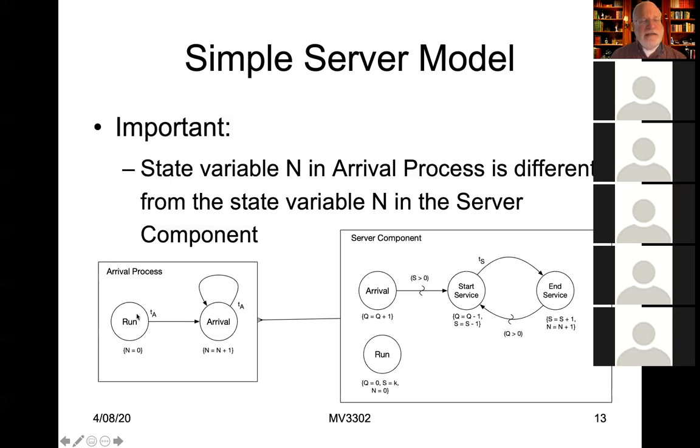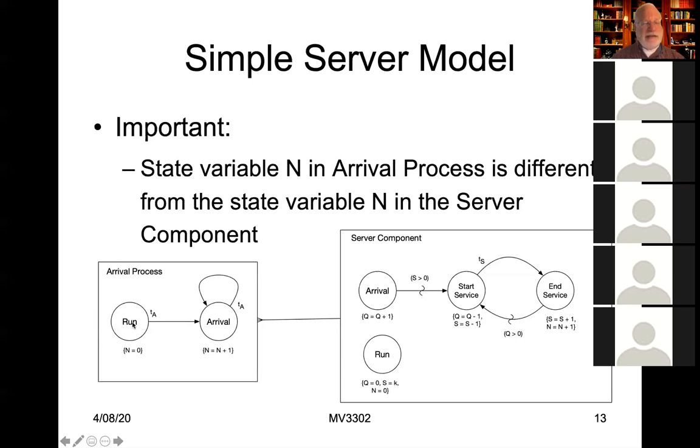So when this starts, there are going to be 2 run events on the event list, one for the arrival process and one for the server component. Now, which one happens first? Again, it doesn't matter. If the server component one happens first, all that does is initialize its state variables, and that's it. It doesn't schedule anything.